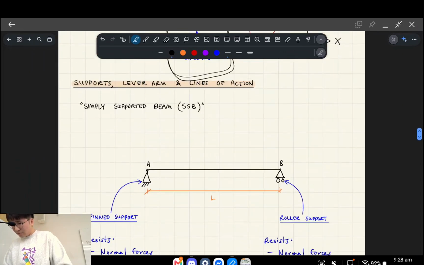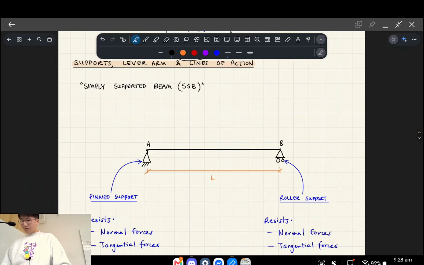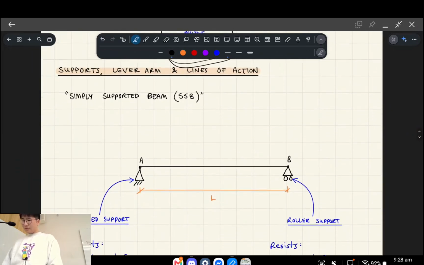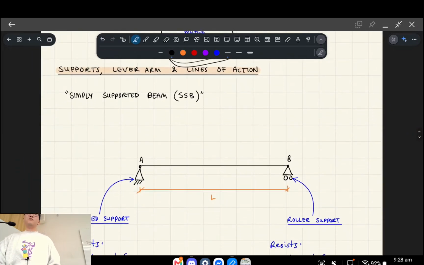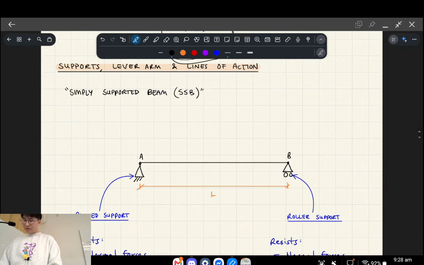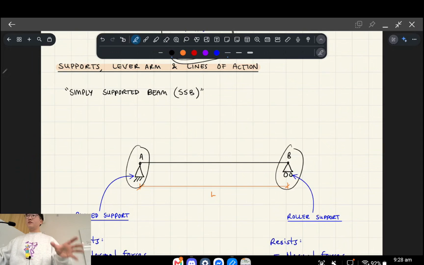Cool. So let's run through a more thorough example. I'm going to go through a beam example because it'll come up again and again in this course and future courses probably. So this is a simply supported beam, where you've got supports on two sides of it.